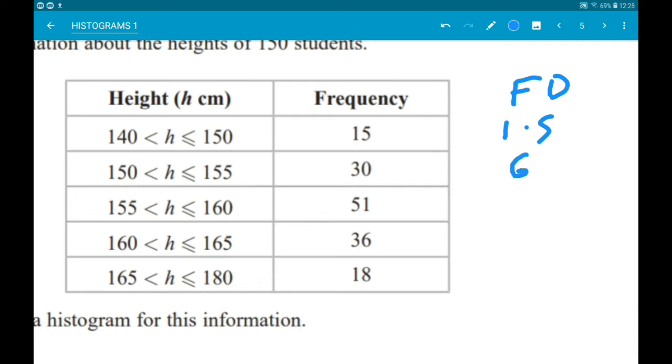And next, 51 divided by 5 is 10.2. Next one, 36 divided by 5 is 7.2. And then the last one, 18 divided by 15 is 1.2.